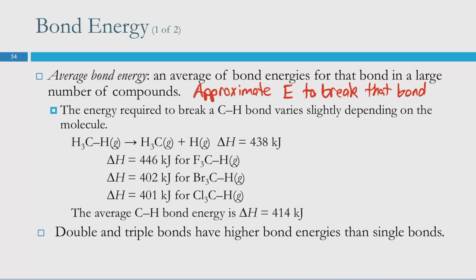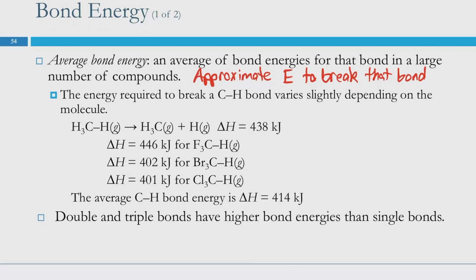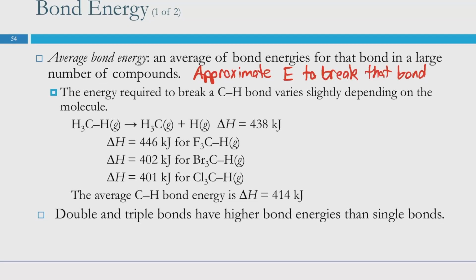That's expected because you're using an average. So it's 30 cents more. Somewhere else, though, it might be 30 cents less, or it might be 20 cents less. So there's a little bit of plus or minus to our average bond energies, just like there's a little bit of plus or minus to gas prices. On average, there's some value, but there's going to be some that are higher, some that are lower. It's just a way that we can estimate.